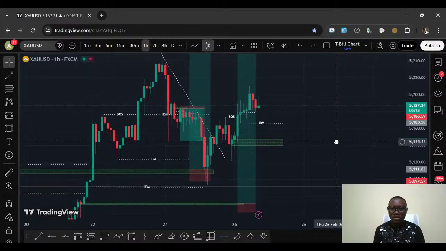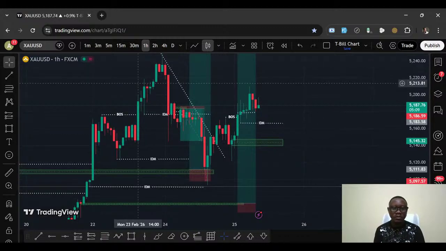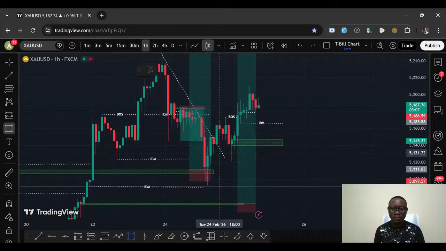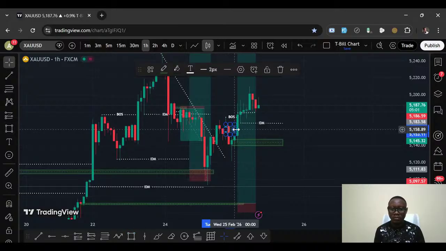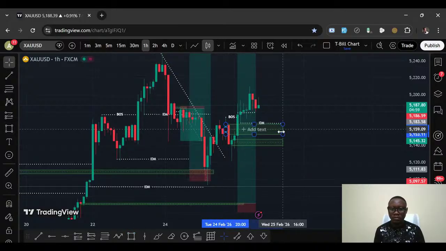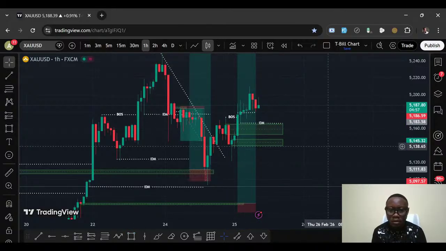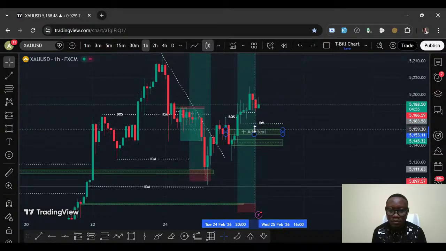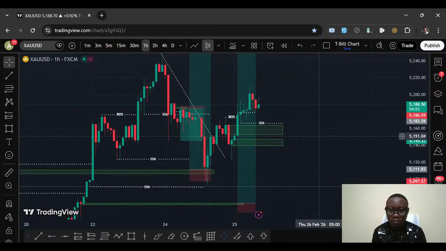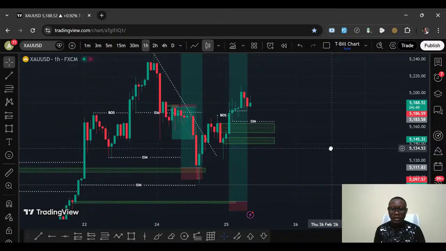Now that is my other block zone, and right here I have my breaker block. All right, so I have that.